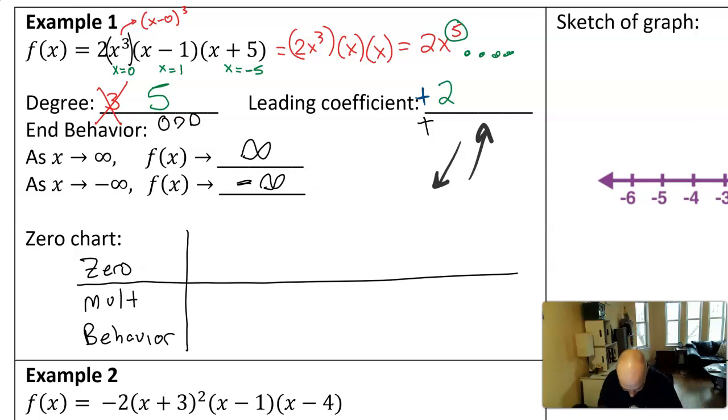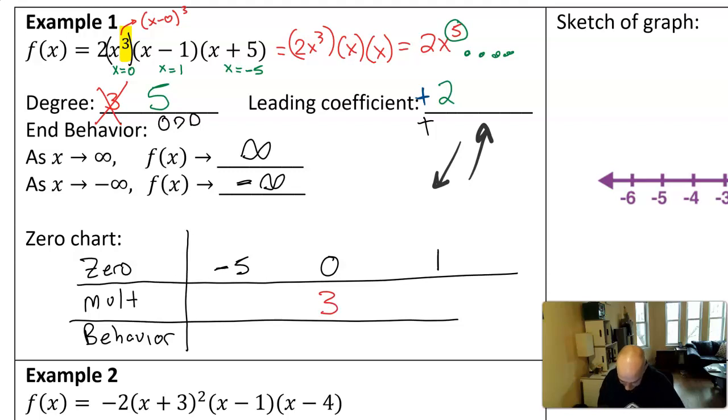So my first 0 from left to right is negative 5, then I have a 0 at 0, and then I have a 0 at 1. I'm just taking the zeros that I wrote and putting them in increasing order. Then each of those zeros has a certain multiplicity. That's the exponent on the factor. The 0 at 0 had a power of 3, so that's a multiplicity of 3.